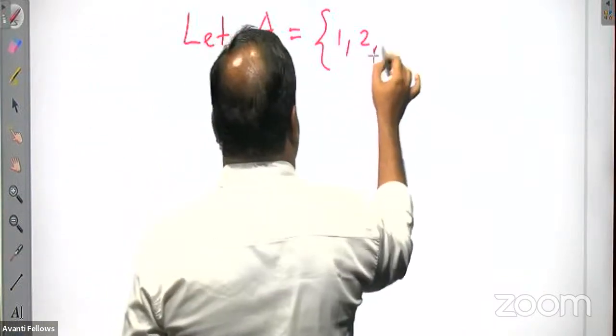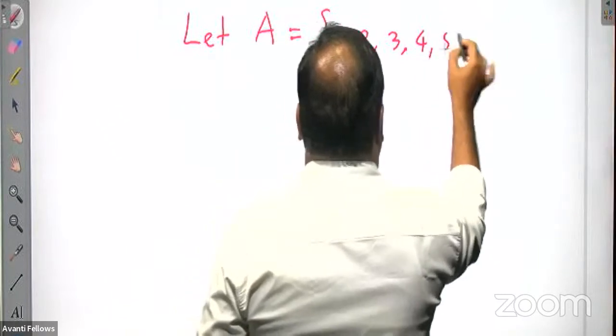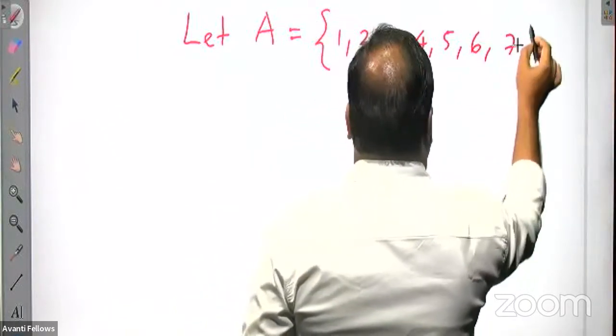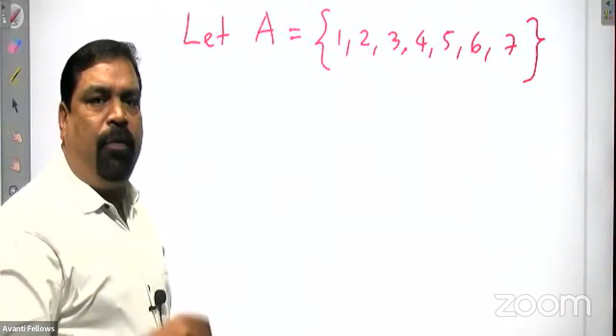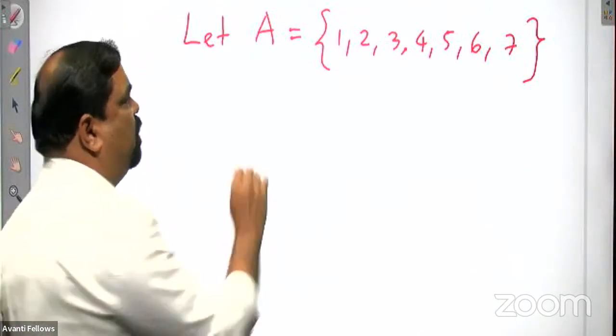I'm taking a very simple example first. So A is equal to the set {1, 2, 3, 4, 5, 6, 7}.